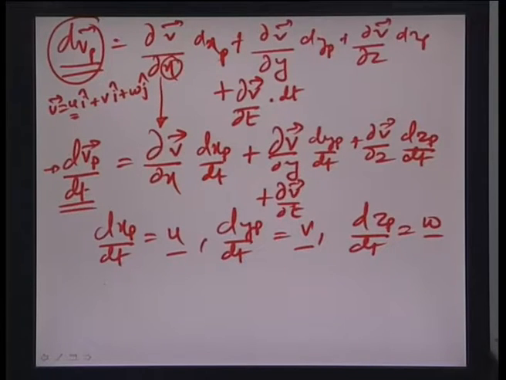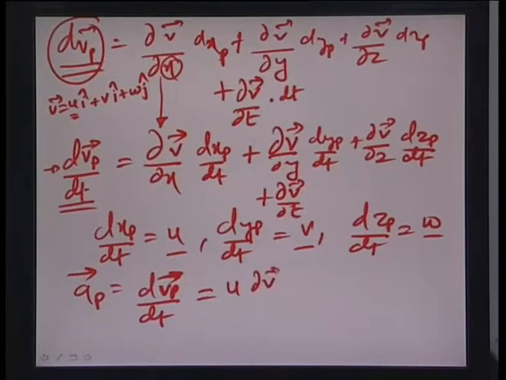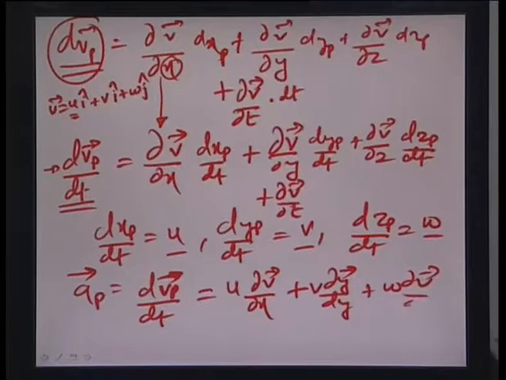So essentially the acceleration vector, which is nothing but dvp by dt, the rate of change of velocity vector of particle p with respect to t, is nothing but u del v by del x plus v del v by del y plus w del v by del z.